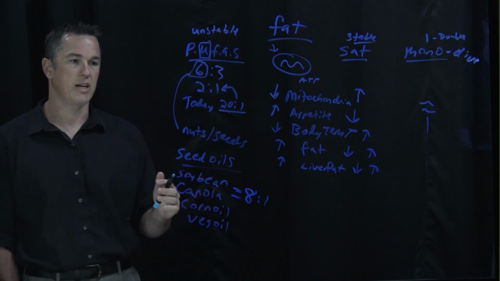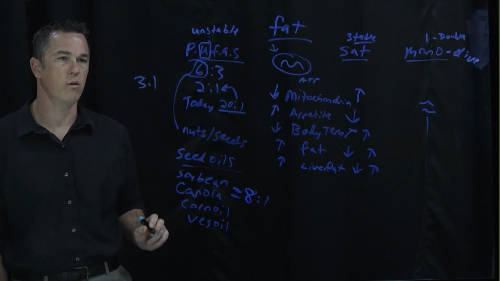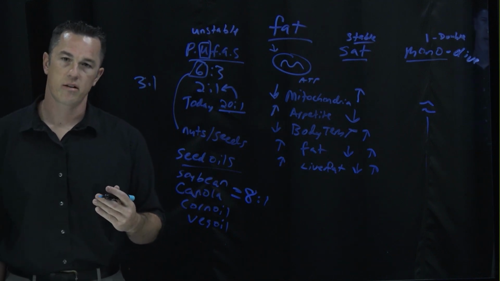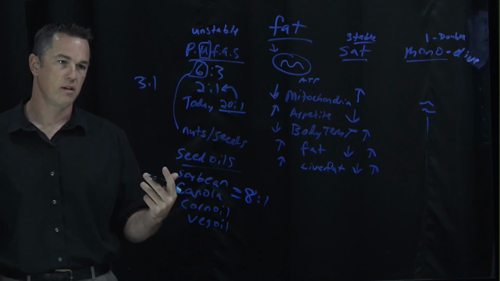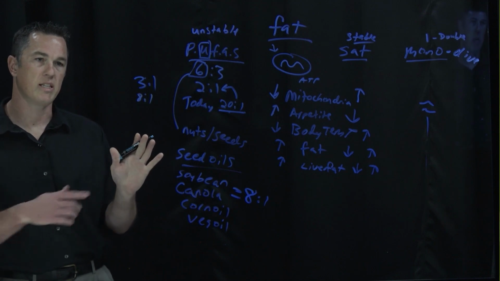Okay, if you look at a cow, a grass-fed cow has an omega-6 to 3 ratio of about 3 to 1. And then they go and they feed it what to make it fat? They feed it grain, corn, and soybean, right? And so what it'll do is it'll get that up to about 8 to 1, and then it marbles that steak.